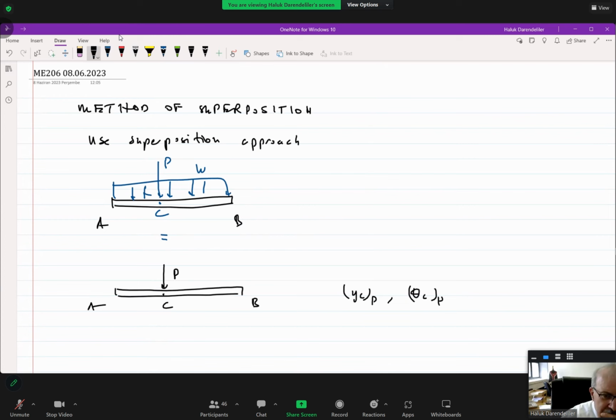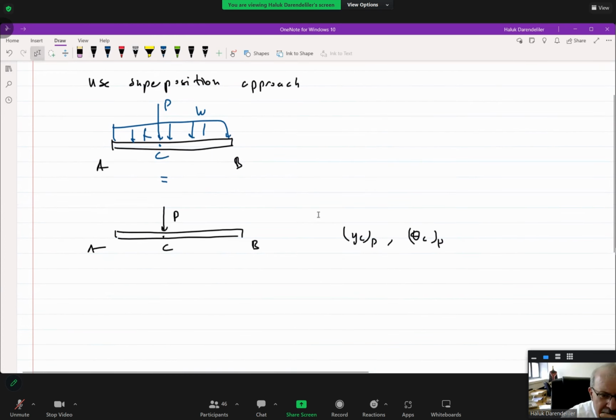Then, the next one is the solution of the distributed loading. Now you have the distributed loading given in the problem, this one, right? Actually, let's use the same colors.